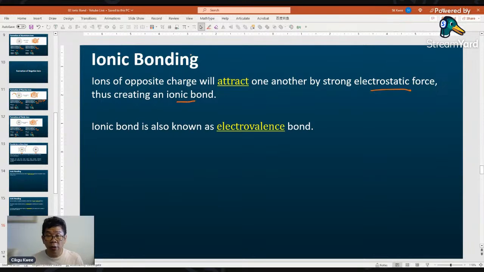So ionic bonds form when there is a positive ion and a negative ion, and the electrostatic force holds them strongly together. That is an ionic bond. Ionic bond is also known as electrovalent bond. That's another name for ionic bond.